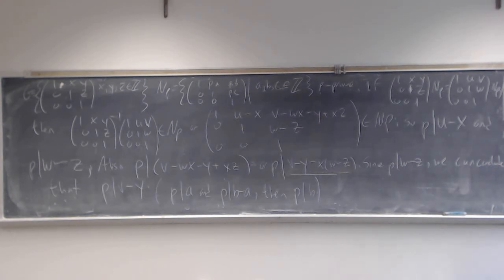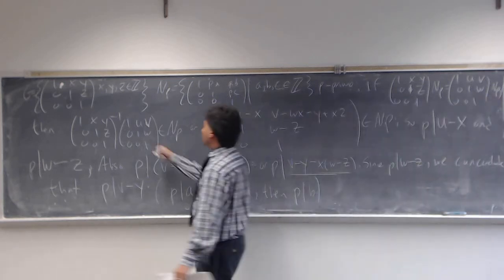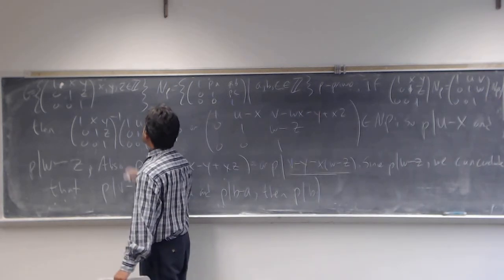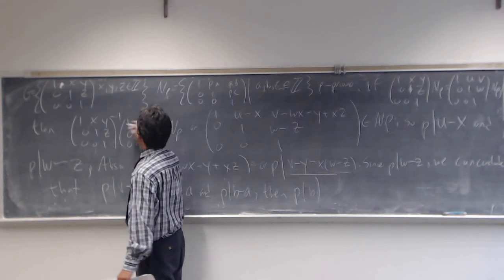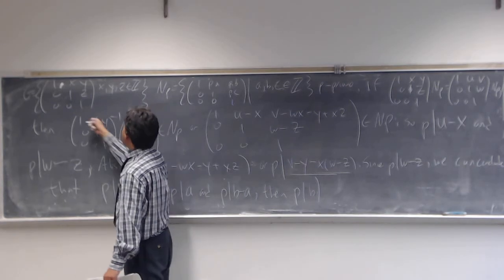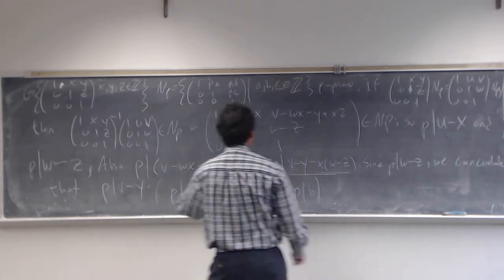That basically tells us that the only way two things could be the same coset is if this difference is divisible by P, this difference is divisible by P, and this difference is divisible by P.